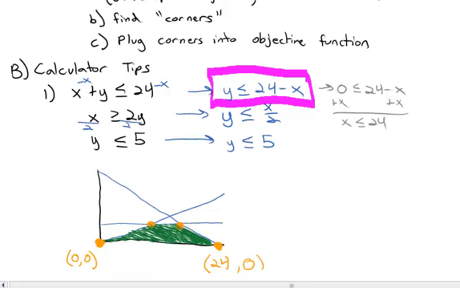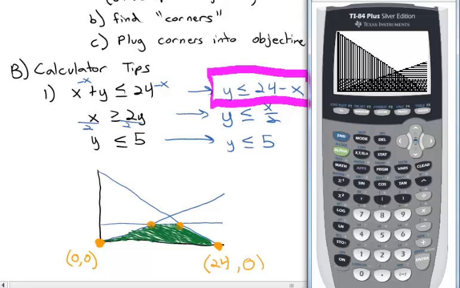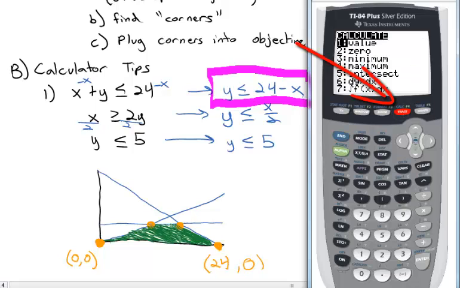But that's where our calculator is going to come in handy, because our calculator has an intersection feature. If we hit second, and at the top above the trace button it says calculate, we can calculate number 5 says the intersection of 2 lines.